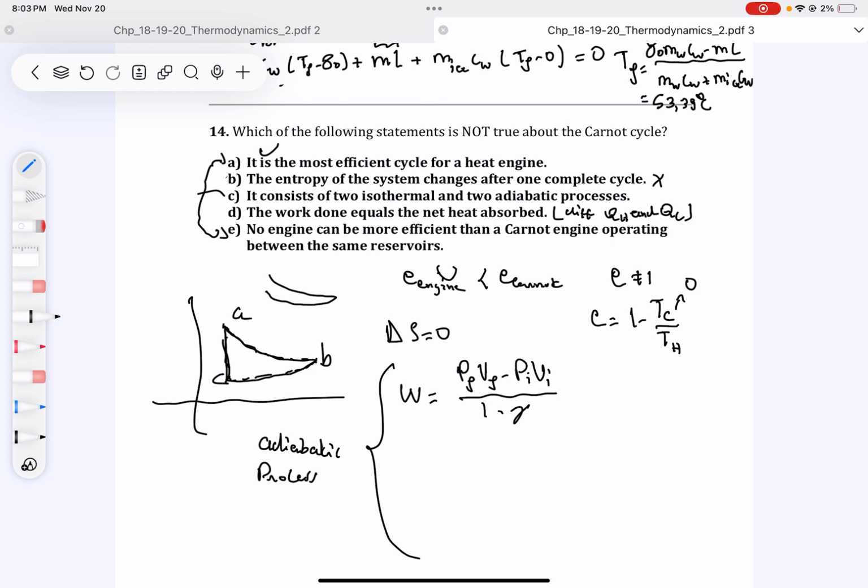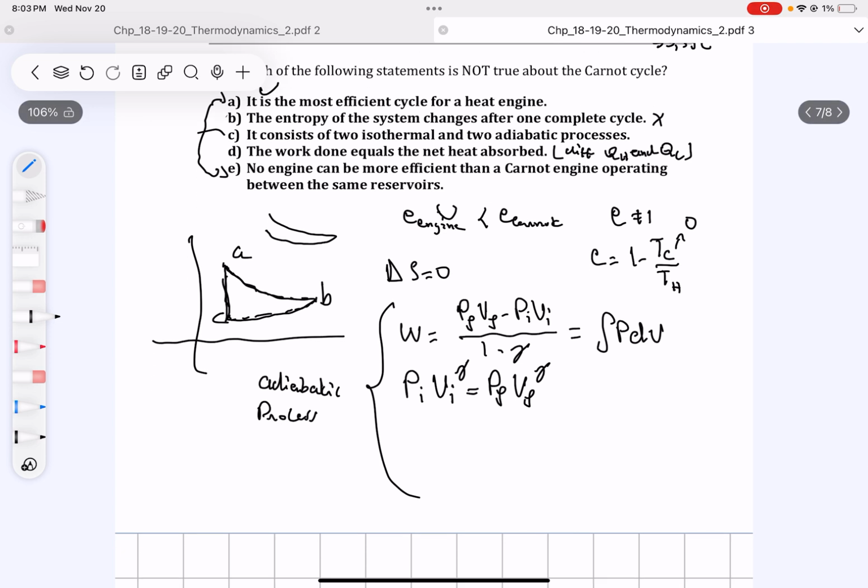We get it from the integral of P dV. And we also have that P initial V initial to the power of gamma equals P final V final to the power of gamma.